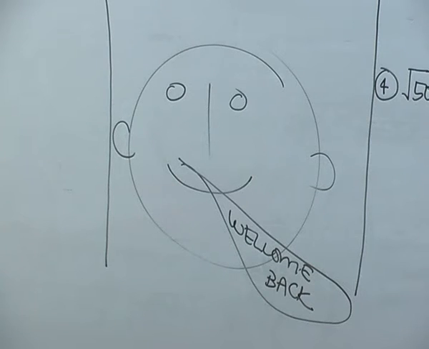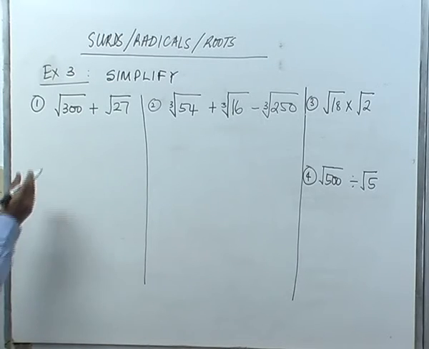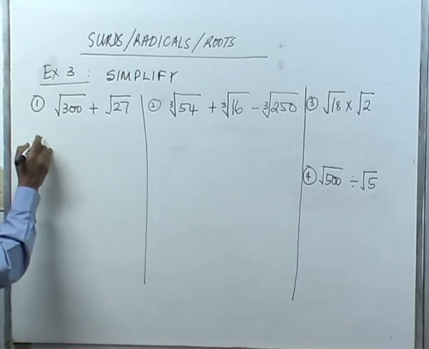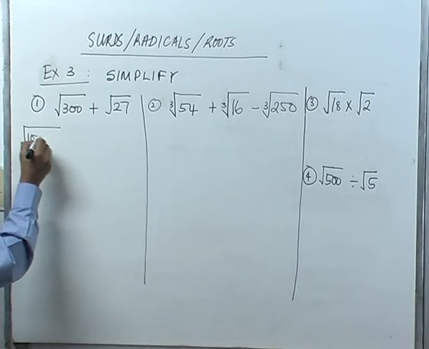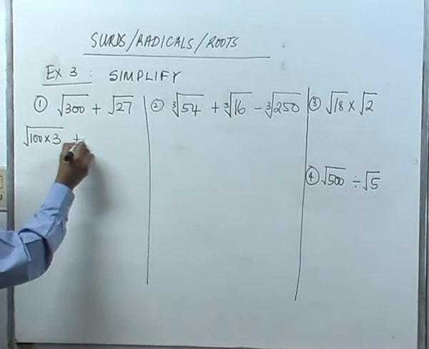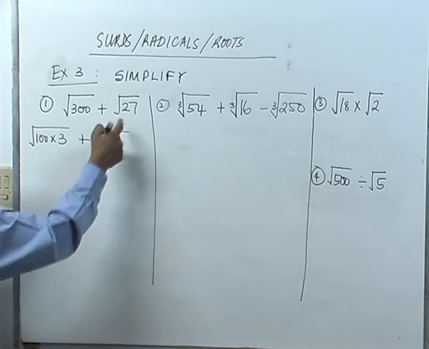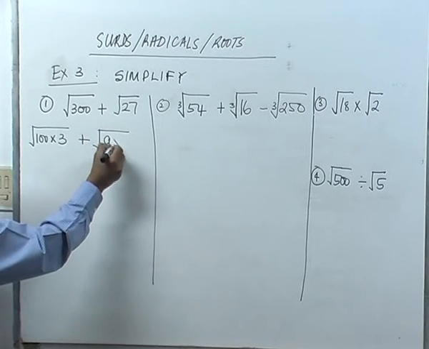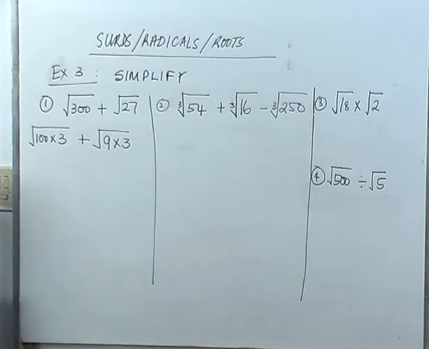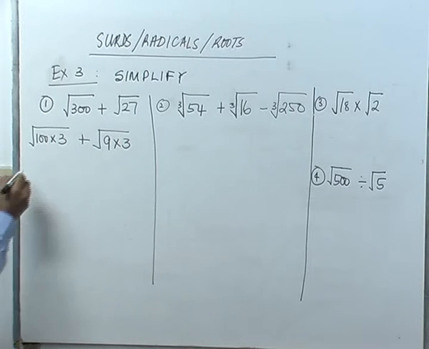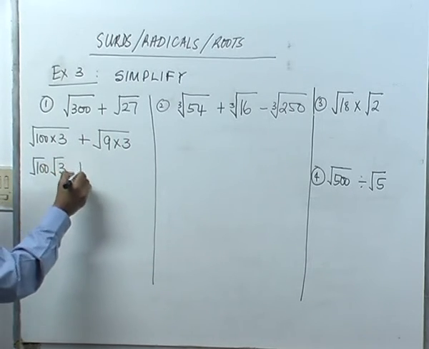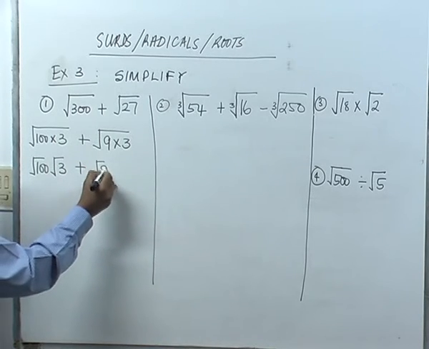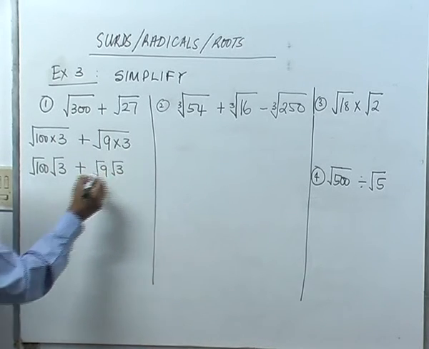Yes, welcome back, and now we're going to work the examples out for you. So square root of 300, you break it up into square root of 100 times 3 plus square root of 27, you break it up into square root of 9 times 3. Now this becomes square root of 100, square root of 3 plus square root of 9, square root of 3.